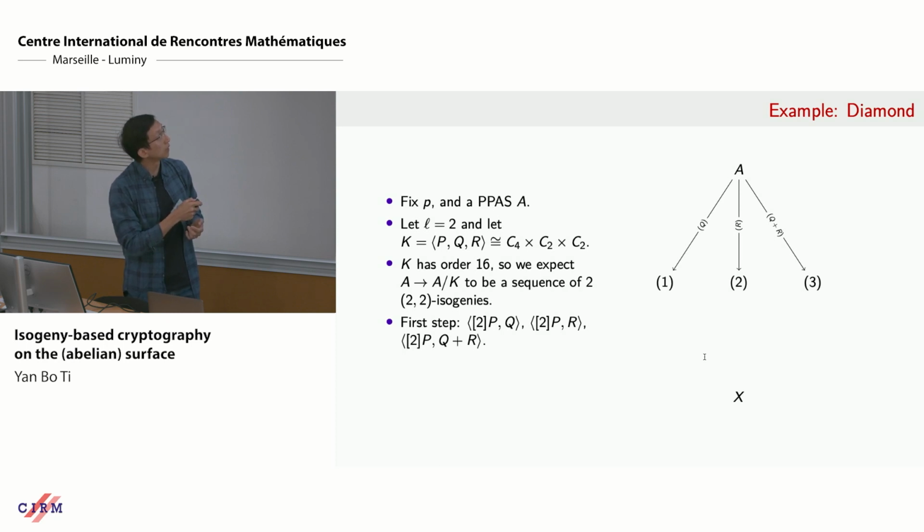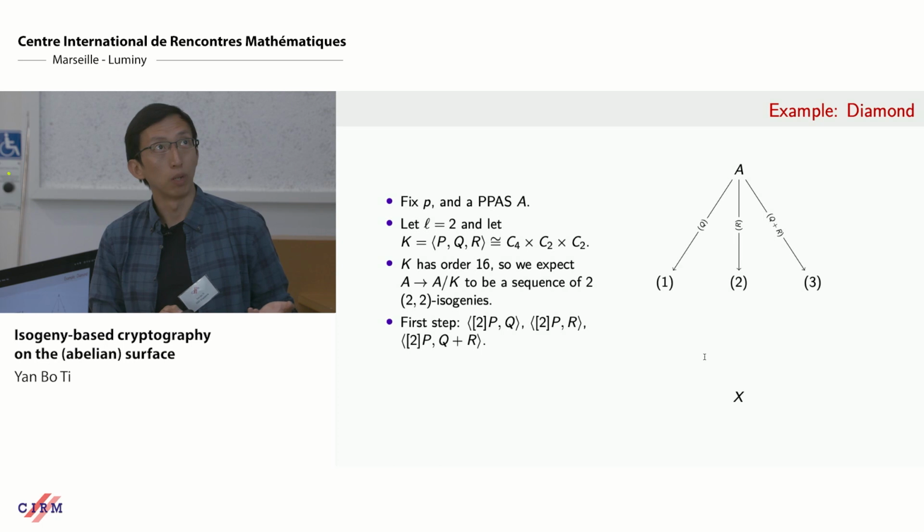If you take K to be generated by P, Q, and R, in the first step you can pick 2P, which is a 2-order point, and pick Q, which is an order 2 point, and this is going to be maximally isotropic. One can check this. Alternatively, you could pick 2P and R, or you could pick 2P and then Q plus R. And this gives you 3 different paths.